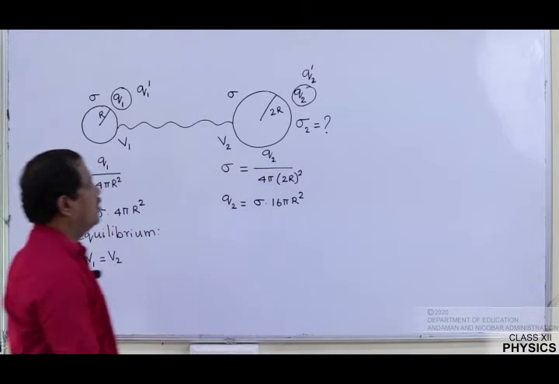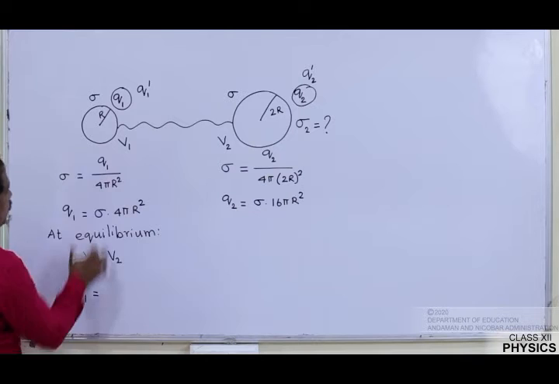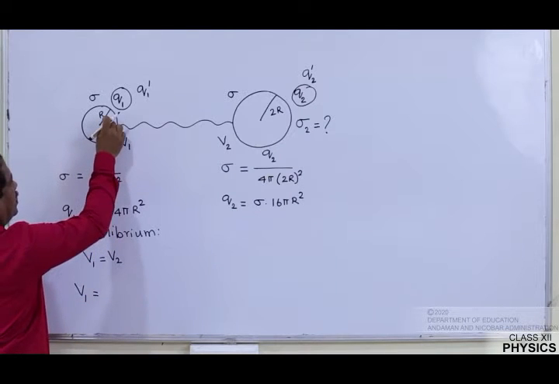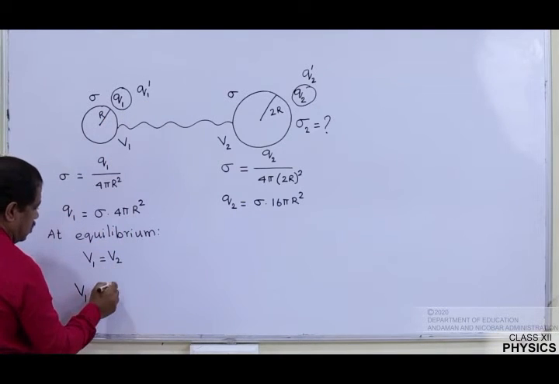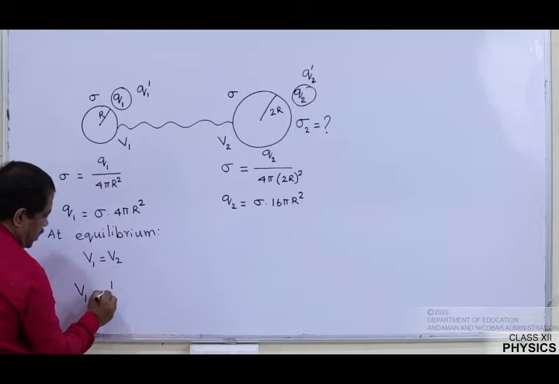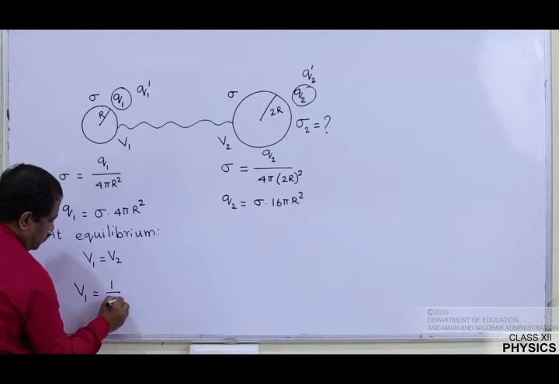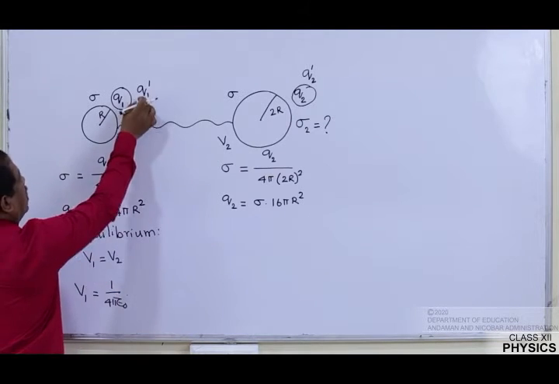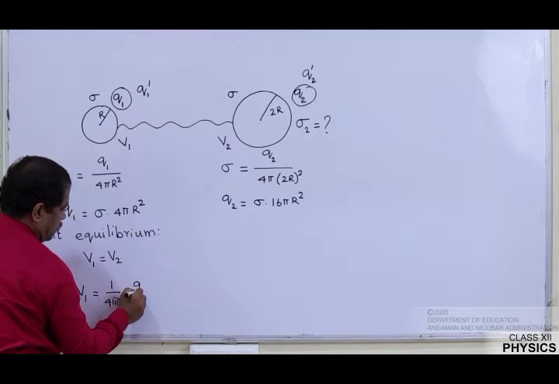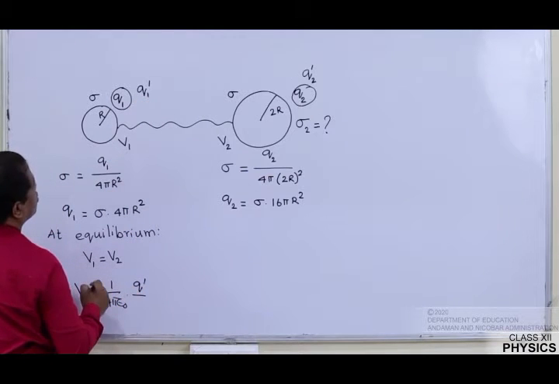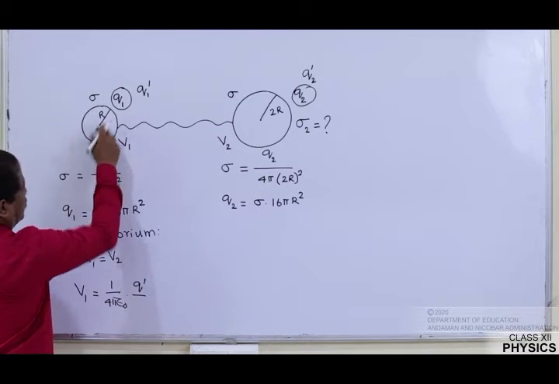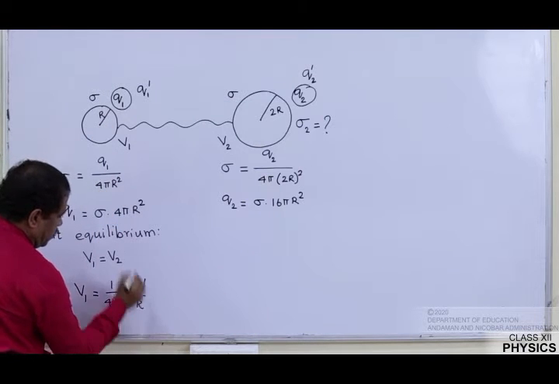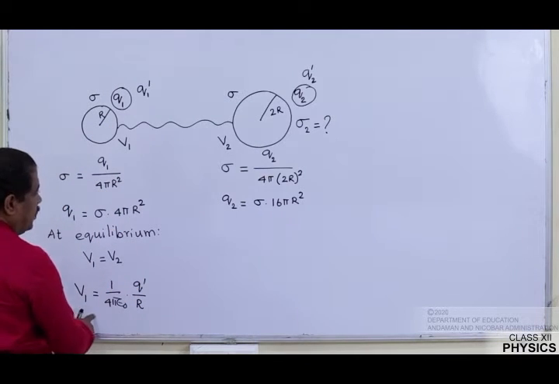In that case, the potential V1 on this conductor of radius r will be 1 by 4 pi epsilon naught times the charge q1 dash divided by the radius r. And what about V2?